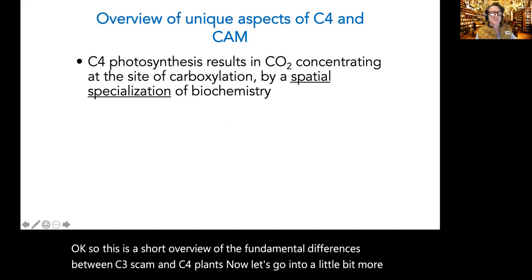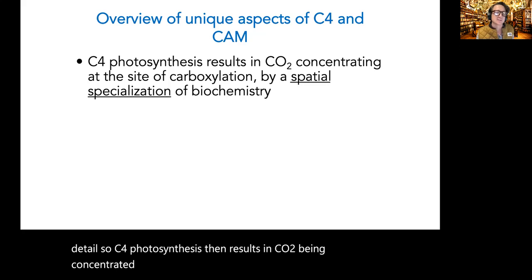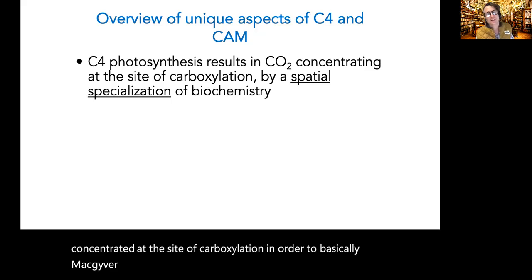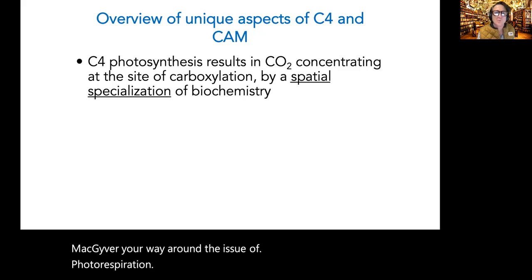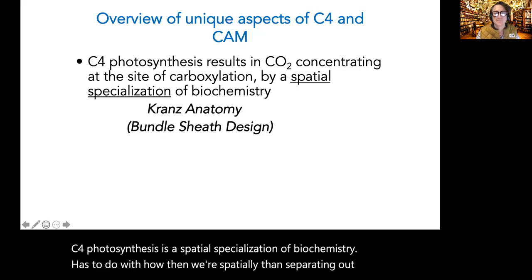So C4 photosynthesis results in CO2 being concentrated at the site of carboxylation in order to basically MacGyver your way around the issue of photorespiration. C4 photosynthesis is a spatial specialization of biochemistry. It has to do with how we're spatially separating out differences in the biochemistry.